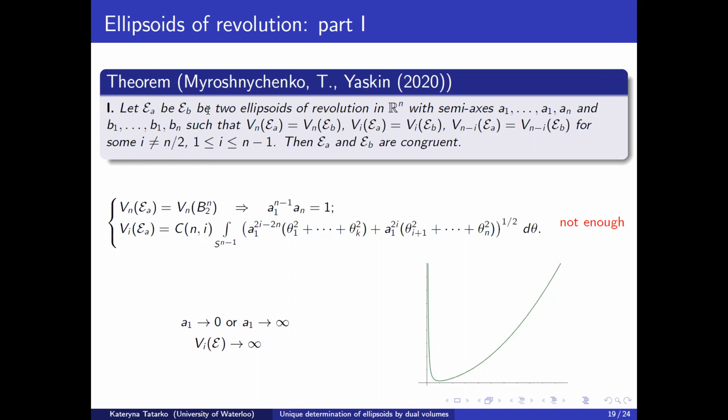Okay, because what perhaps may be crucial is that ellipsoids are their own linear images. So maybe if you take a symmetric body and some linear image of it, and assume that all intrinsic volumes or dual intrinsic volumes are equal, maybe it means that this linear operation is an isometry.